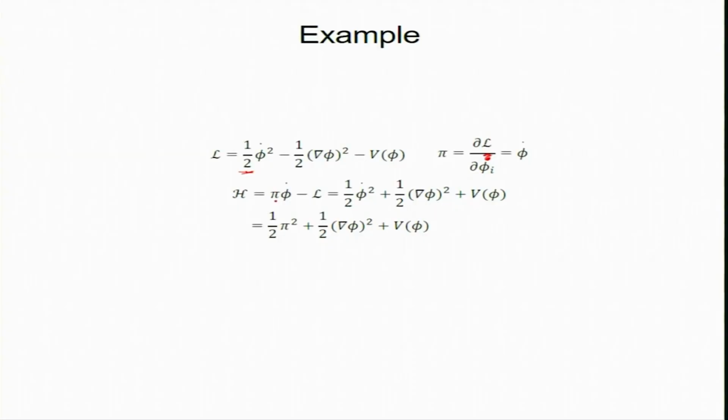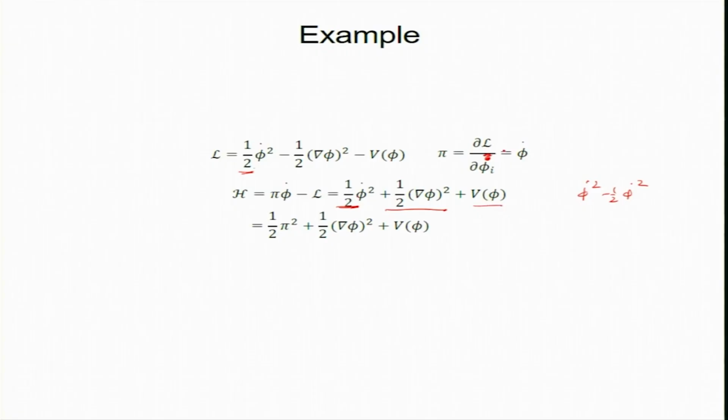So the Hamiltonian will be pi phi i dot minus L. Now, pi is nothing but phi dot. So what will I get? Phi dot times phi dot, which is phi dot squared, minus half phi dot squared from the Lagrangian. Then minus minus becomes plus, so plus half grad phi squared plus V of phi.